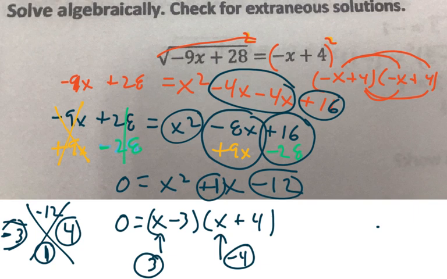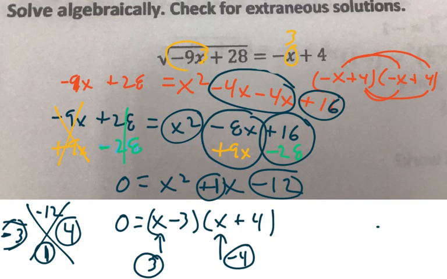Notice this time, guys, if we come back to the original equation, okay, let's plug in 3. So I'm going to go to a new page here. I'm literally going to plug in 3 right here and right here. Okay? So notice I get the square root of negative 27 plus 28, because negative 9 times 3 is negative 27.